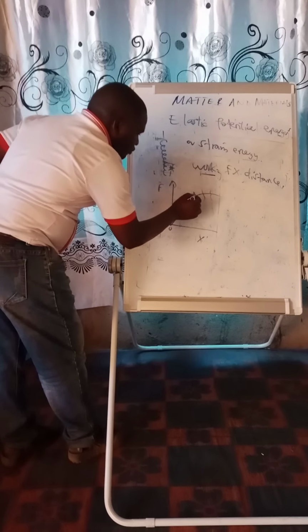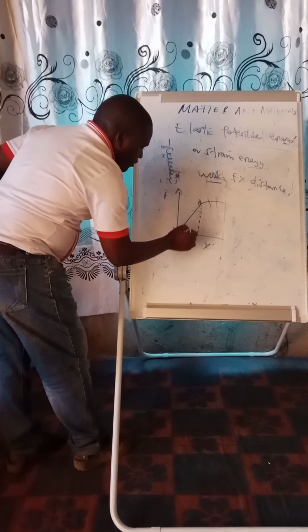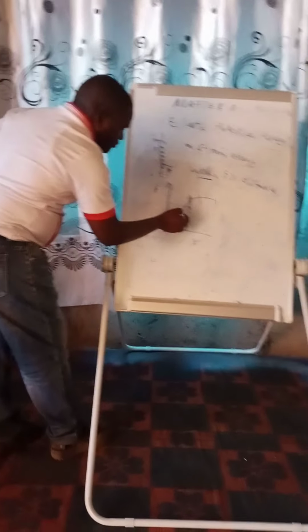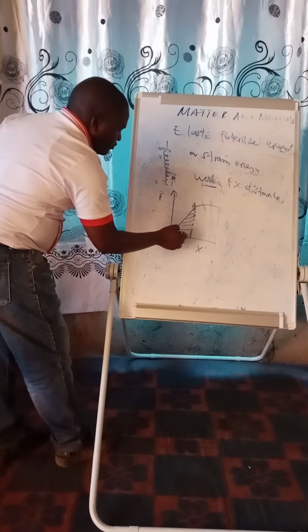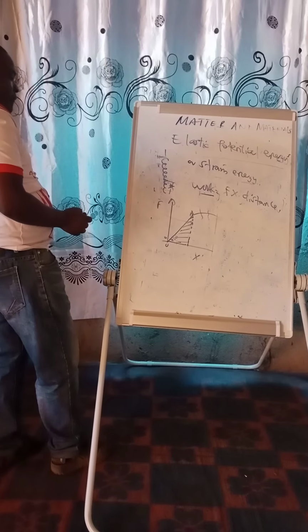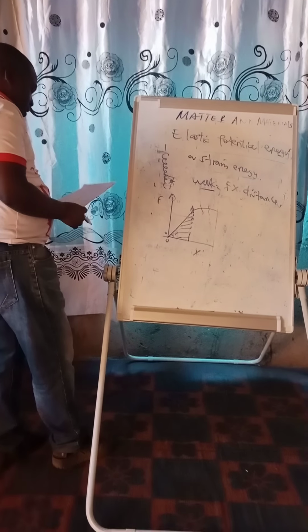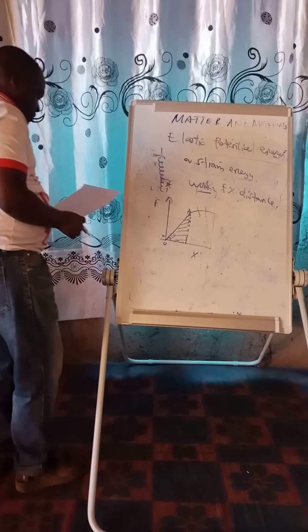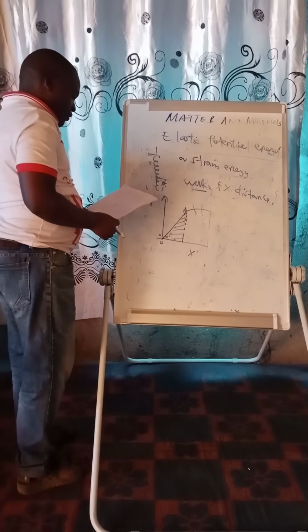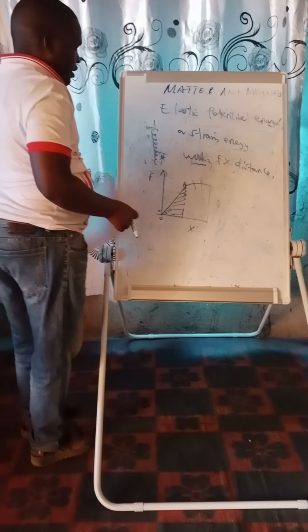So if we make a triangle here, our work done in stretching or compressing a material is always equal to the area under the graph of force against extension.